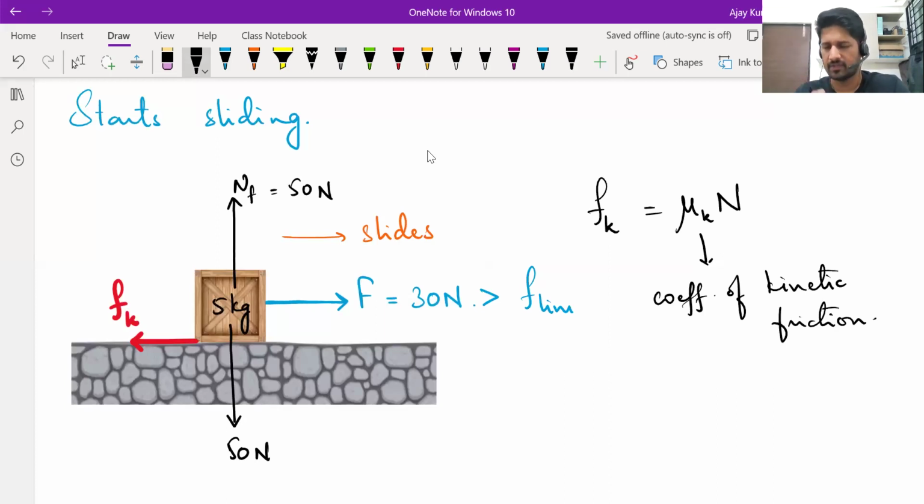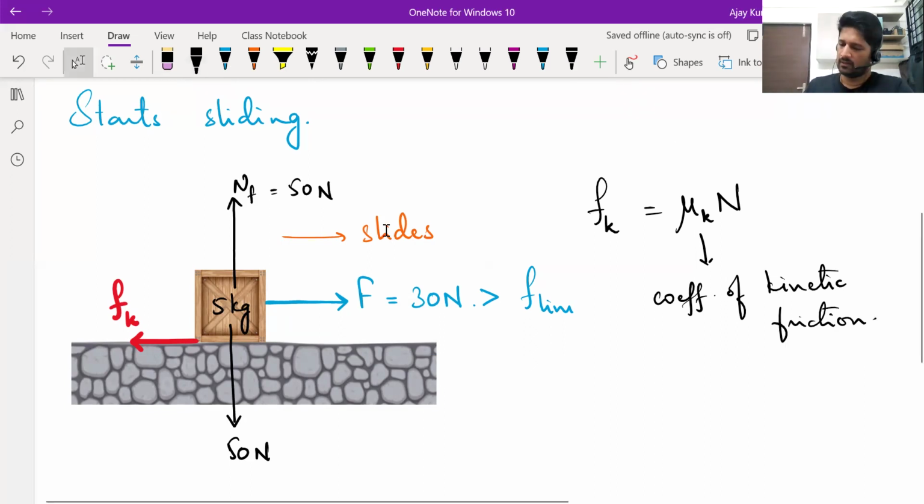So static friction, kinetic friction, the factors on which they depend are the same. But here we have used the symbol mu k because coefficient of static friction is usually different from coefficient of kinetic friction between two surfaces. It has been determined experimentally.